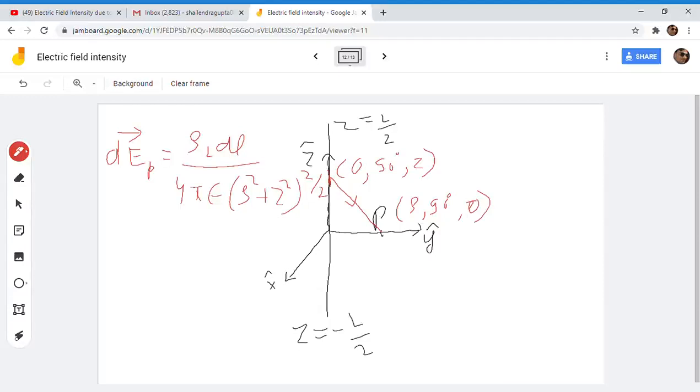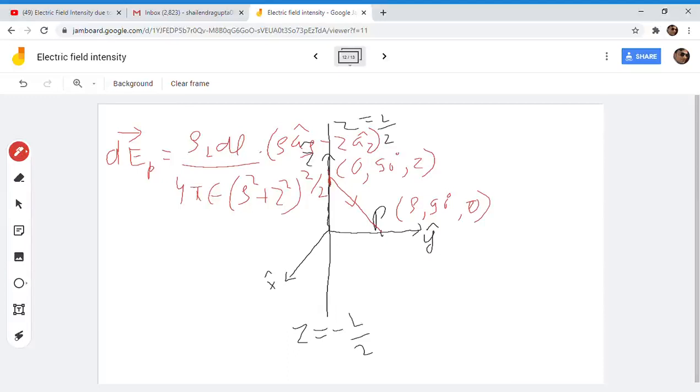Okay, and your dR vector is rho a rho minus z az.